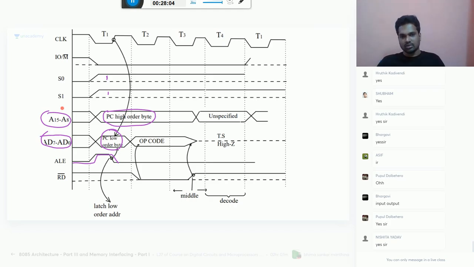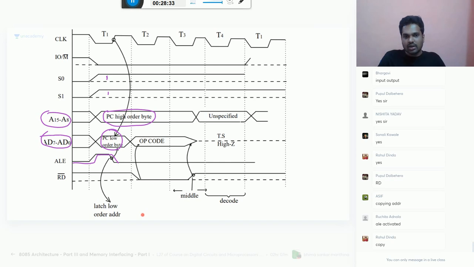Okay, so listen here. In the first T state, what is the job completed? No read operation is done. Just copy the program counter into the address bus. What is the job you have done?